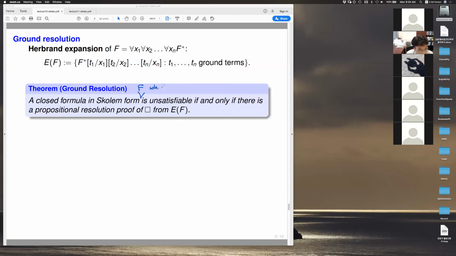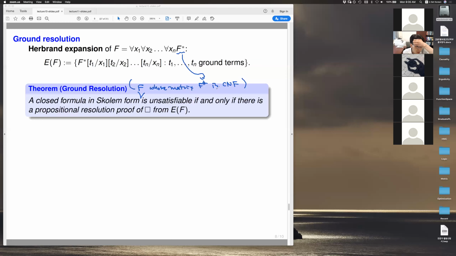whose matrix, by matrix I mean really F star, is a CNF. It's conjunctive. I think this perhaps makes things more clear. So if we have a closed formula in Skolem form, that's a formula F whose matrix, which means the quantifier-free part, is in conjunctive normal form.